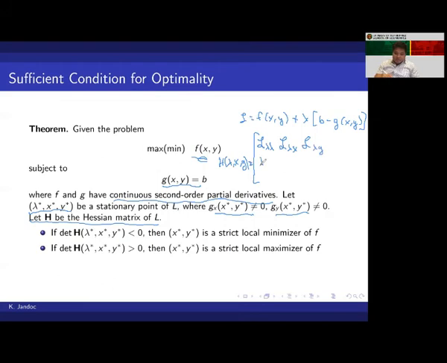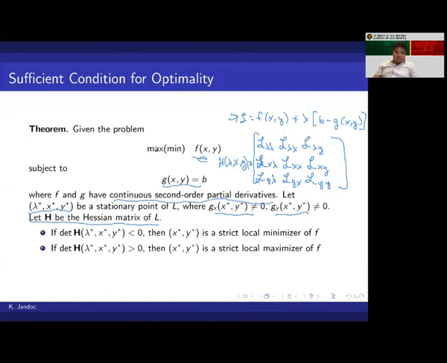Then you have L x lambda, L x x, and L x y. And finally we have L y lambda, L y x, and then L y y. These are the second order partial derivatives of the Lagrangian function. This is the Hessian.